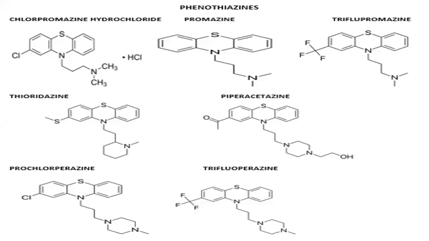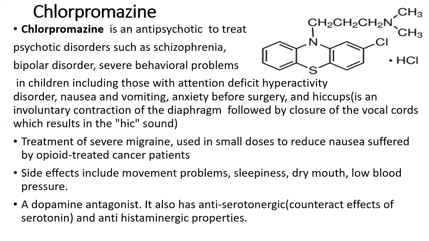Now we'll come to the uses of the individual phenothiazine derivatives. So when you come to chlorpromazine, already we have seen the structure of chlorpromazine. You can just see here in the chlorpromazine structure, in the second position there is a chlorine atom.